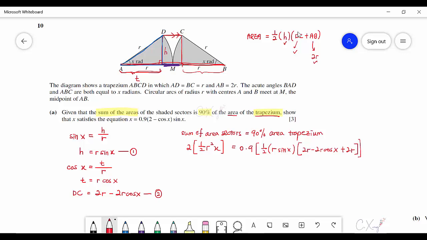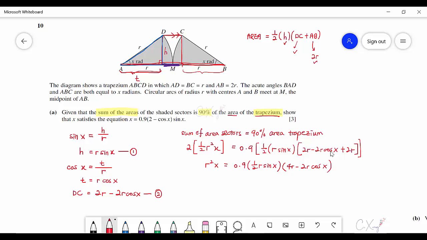Then you try to simplify all the values that you can simplify first. So I have 0.9, then this is still the half r sine x. To simplify this part, I will have 4r minus 2r cos x.